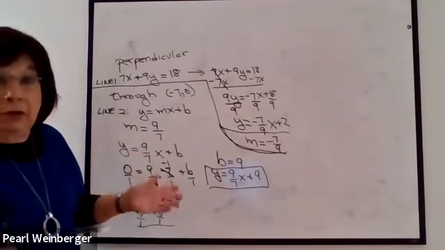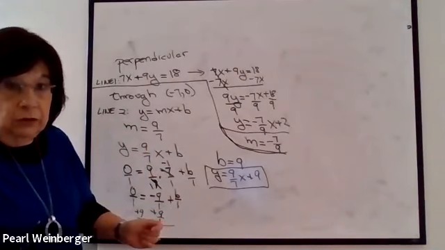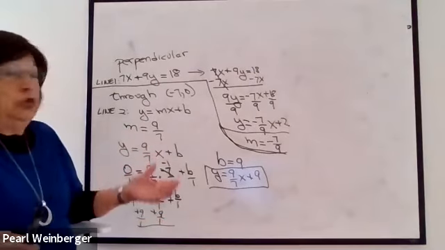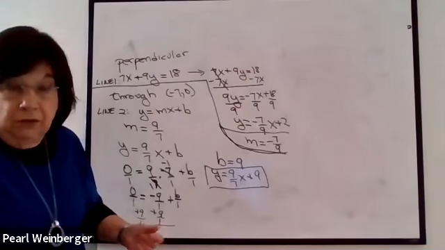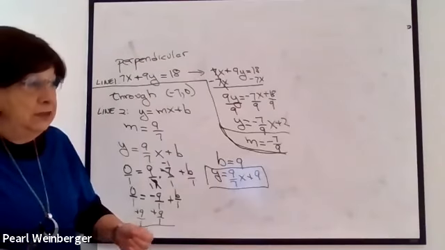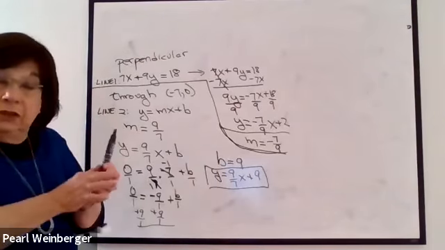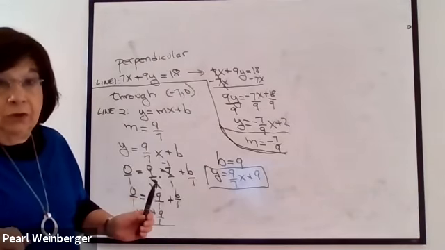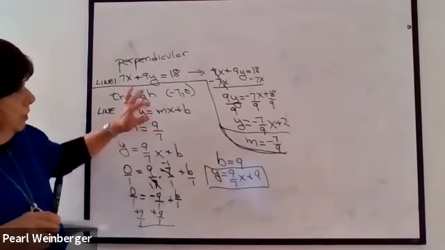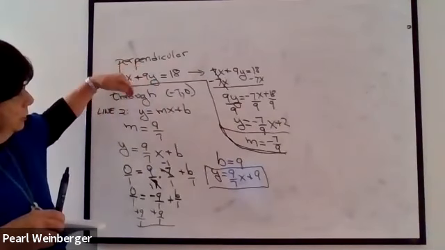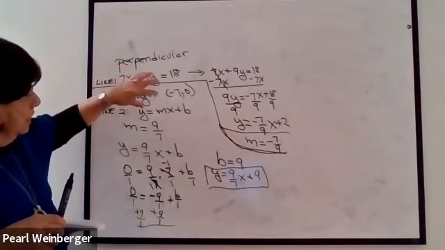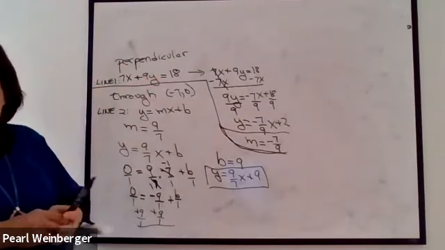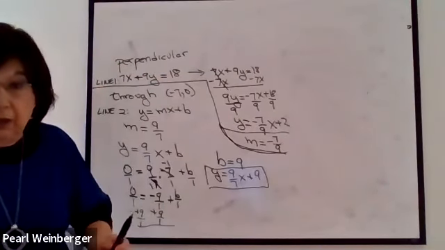When the lines were parallel, I used the exact slope. If I had 2 points, then I used the slope formula to find the slope. But basically, my first focus in writing the equation of a line is what is the slope of the line. And once I find the slope of the line, I just take any point on the line and fit it into the equation and solve that to get the b.